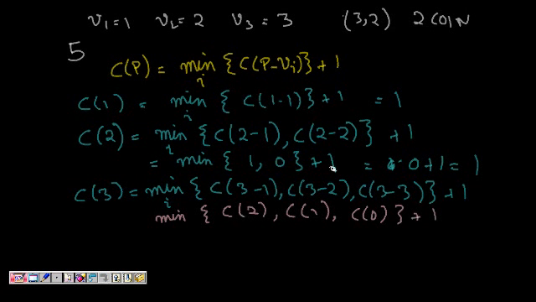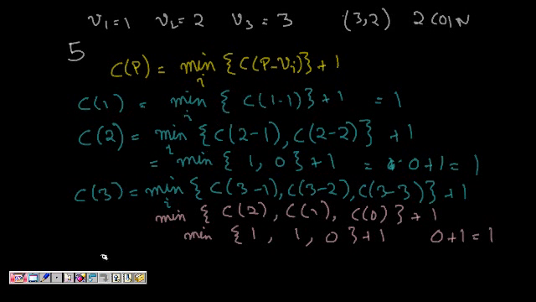C of 2 we saw was 1, C of 1 is also 1, and C of 0, if you have no sum amount, is 0. So the minimum of these is 0, plus 1, which is 1. That also looks true to us.